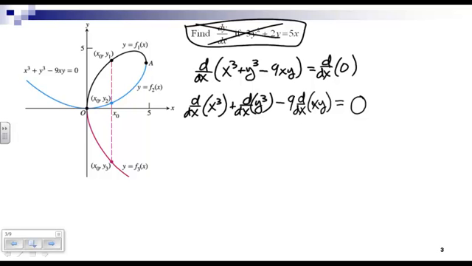3x squared, because it's our old easy rule. But when we hit the y, we've got a chain rule. 3y squared, that's the power rule, leaving the inside function the same, multiplied by the derivative of the inside, which is dy/dx.